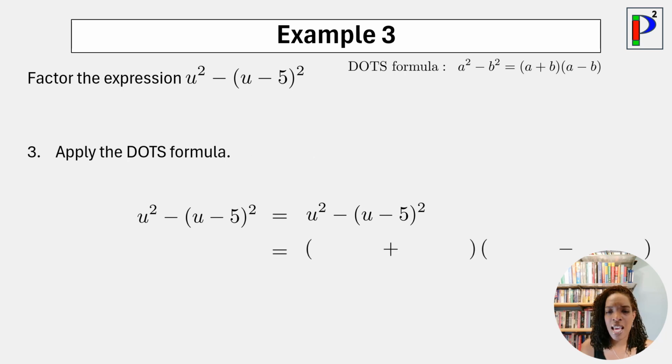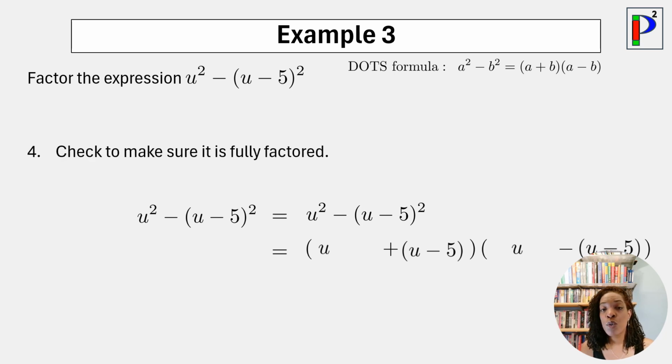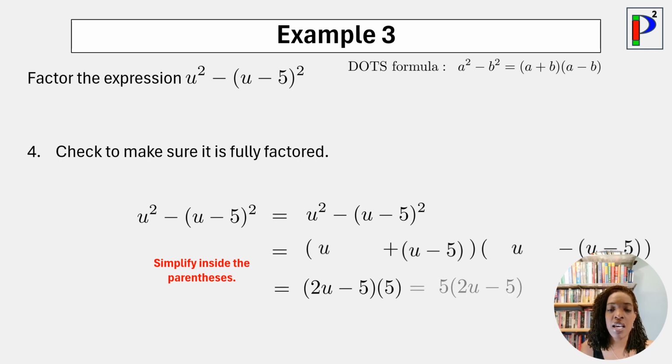Going to go ahead and throw my formula out there so I have space, and then I'm just going to move my terms. Now, usually I would need to check to see if it's fully factored, which it is, but if you can't tell, we can simplify further within the parentheses. u plus u minus 5 becomes 2u minus 5, and u minus the quantity u minus 5 becomes 5. I'll put that 5 out in front because we like to usually show our coefficient first.